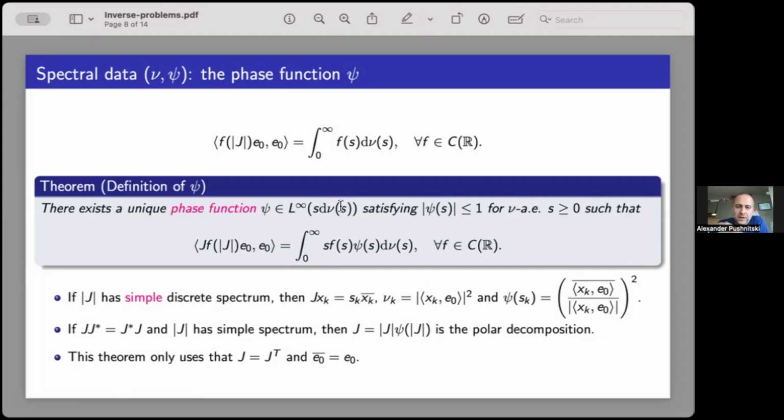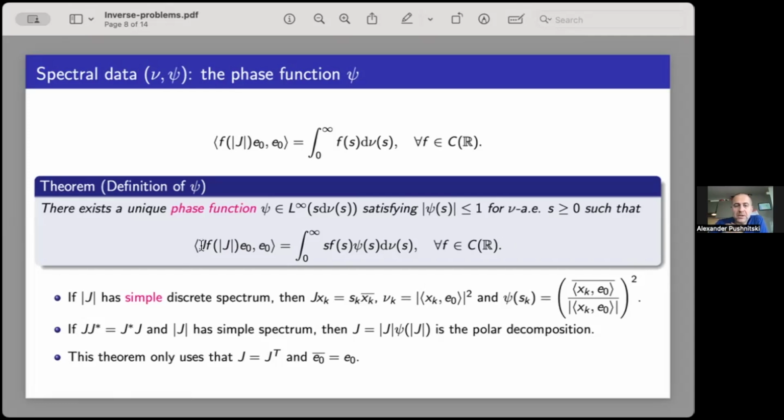It's a small technicality, so don't worry about it. So psi is a bounded complex valued function defined nu almost everywhere, and it satisfies this condition, less than or equal to 1, such that we have this identity for all test functions f from some class. You can say polynomials or continuous functions, it doesn't matter.